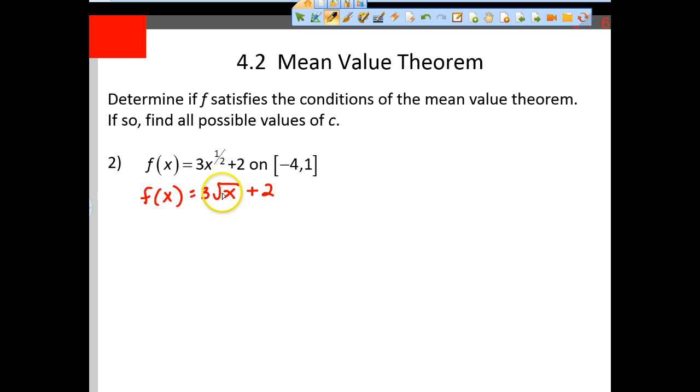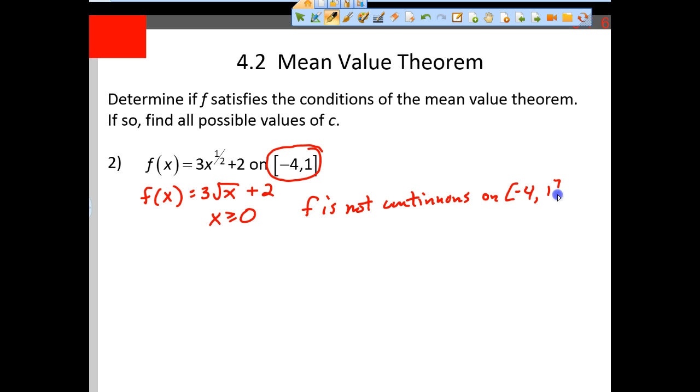Well, anytime I have an even root, I need to remember that what is underneath the radical needs to be greater than or equal to 0. So the domain is x must be greater than or equal to 0, but the given domain of this function is -4 to 1. So what can we say? Well, f is not continuous on the closed interval -4 to 1.